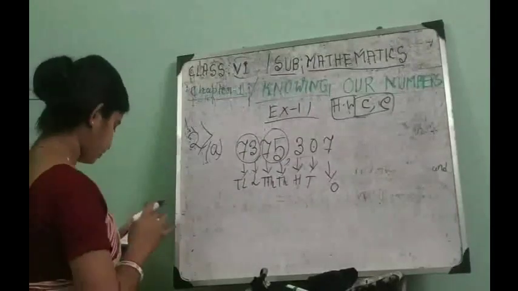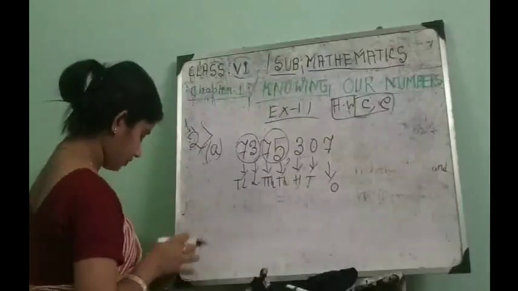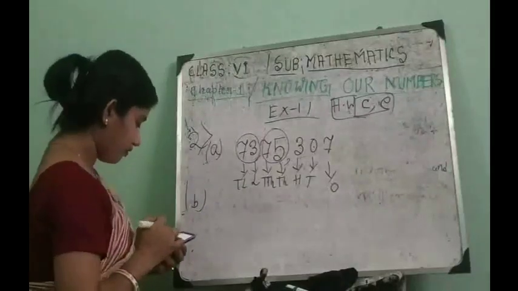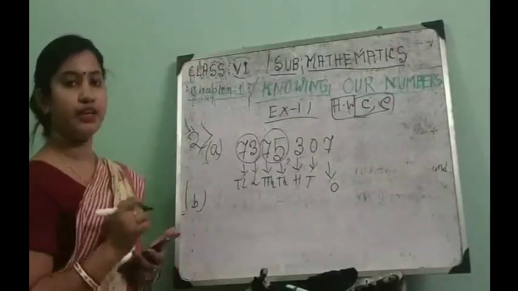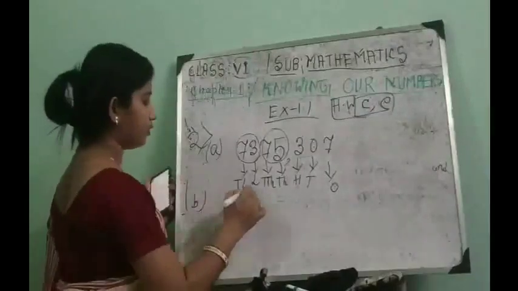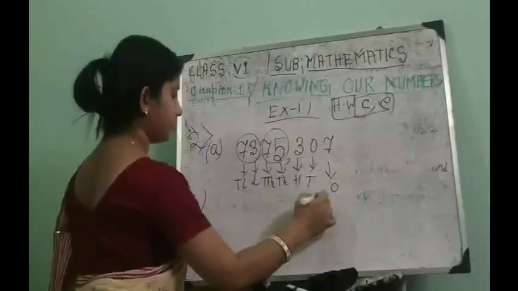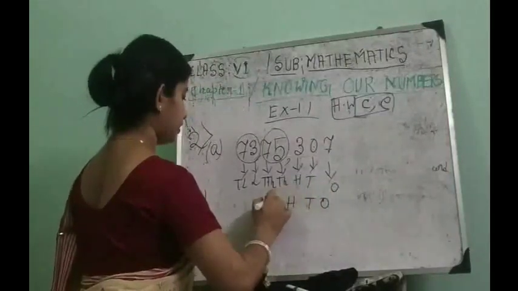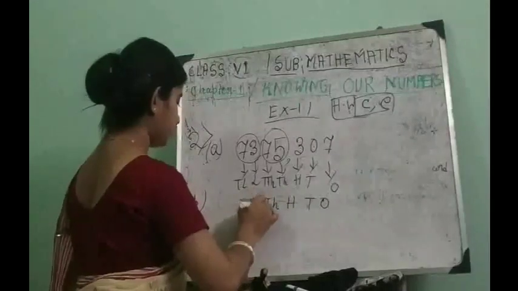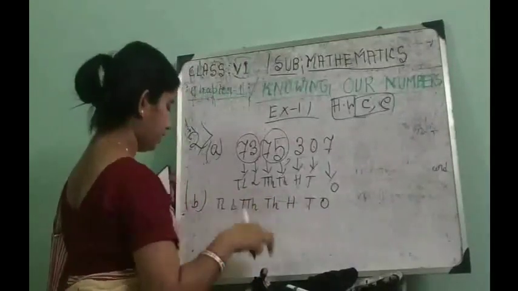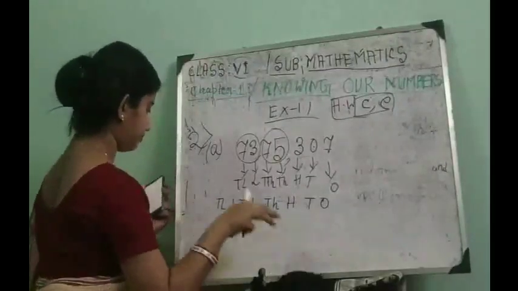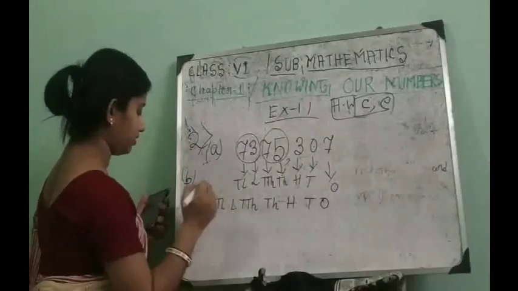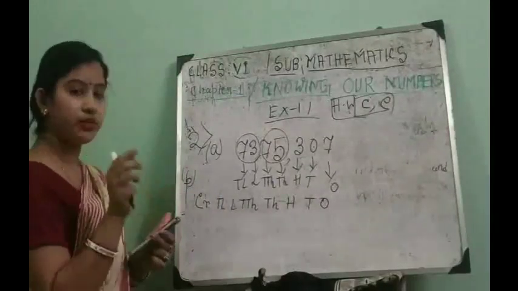Next, number B, 9 crore 5 lakh 41. First we write places: 1, 10, 100, 1000, 10,000, lakh, 10 lakh, this is crore. I given 9 crore.